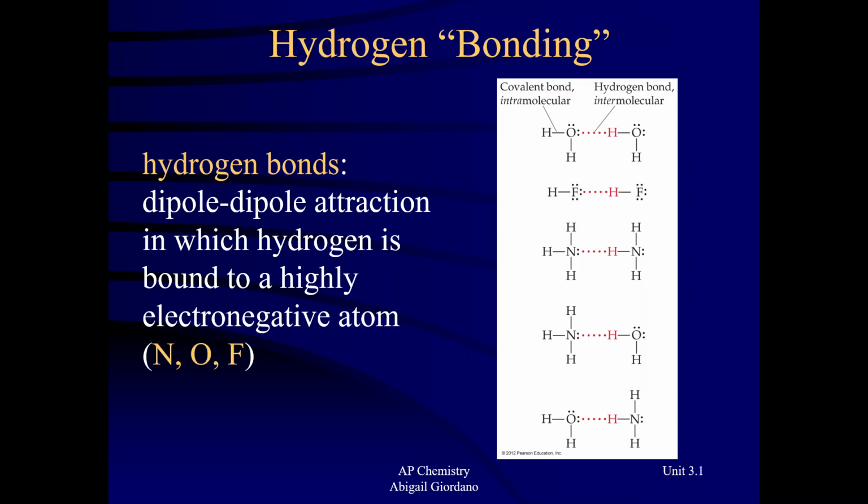It is experienced in molecules that have hydrogen, obviously, that's in the name, and one of the three highly electronegative elements, nitrogen, oxygen, or fluorine, NOF, or the FON elements. Okay, and this image on the right is showing you with those red dots some of what would be considered that hydrogen bonding attraction.